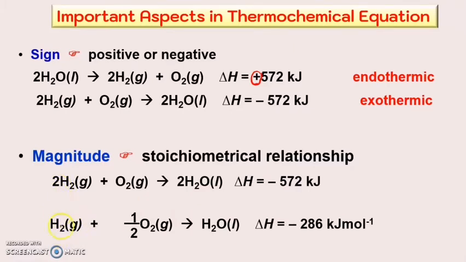So, I have second equation H2 gas plus half O2 produce H2O. What will happen to the delta H here is it will also become half from the first equation. So, what we can say here is the stoichiometric relationship will affect the value of delta H.